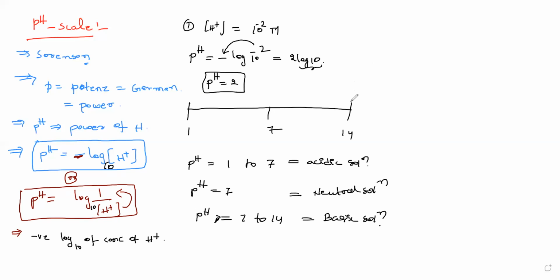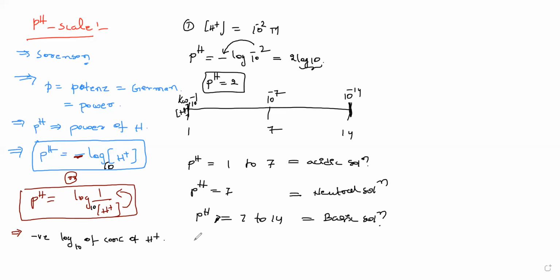So why are we taking 1 to 14 in the pH scale? It is given based on Kw only. We said the concentration of H plus is given as 10 to the power of minus 1, minus 7, minus 14. That's why we said the pH value is given as 1 to 14. Then the pH scale is given like this.